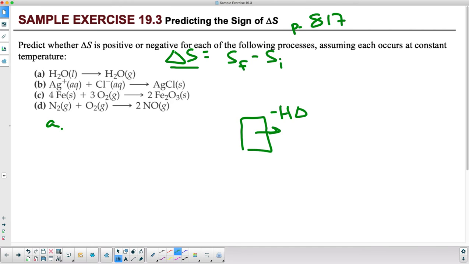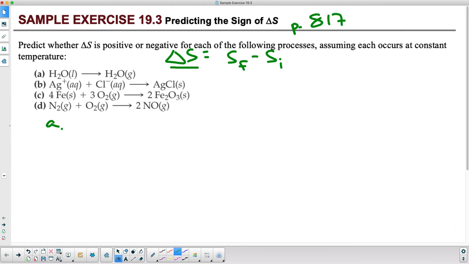When there's more randomness to the system, delta S is positive. And when it goes from a more random to a less random situation, then it's negative. So I just want to make sure you're clear about what's actually happening with the delta S.